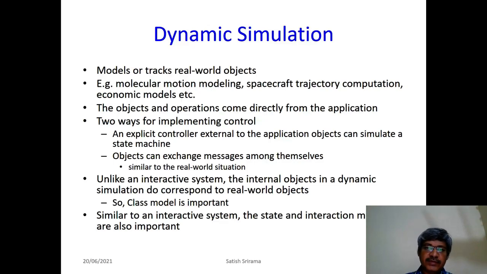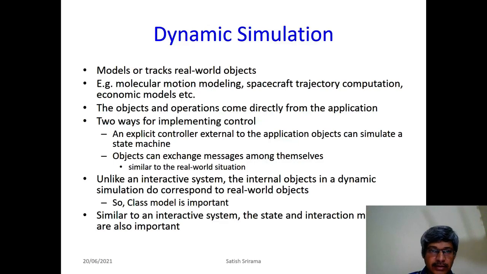When we think in terms of this sort of dynamic simulation, unlike an interactive system, the internal objects in a dynamic simulation do correspond to real objects. Within a simulation, the objects you have created map to the real world objects. So in that sense the class model is very critical here.